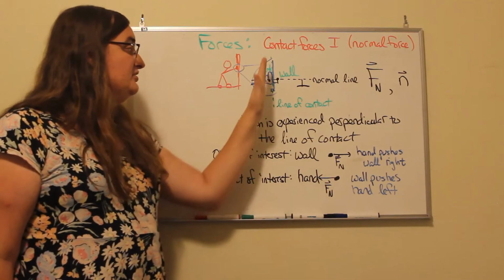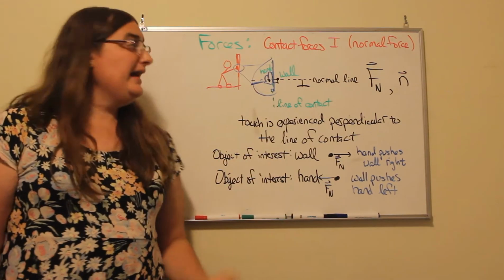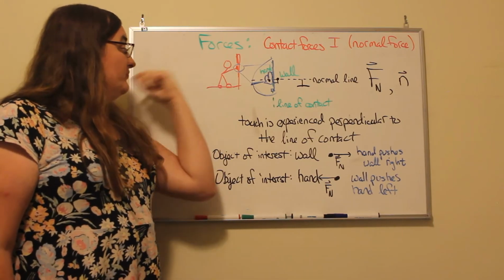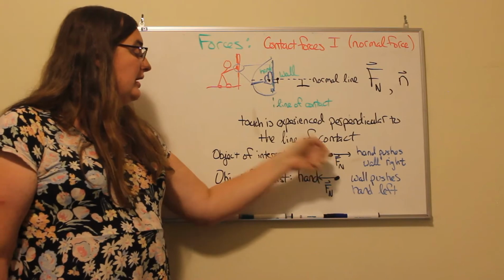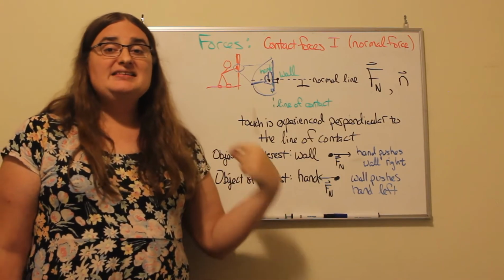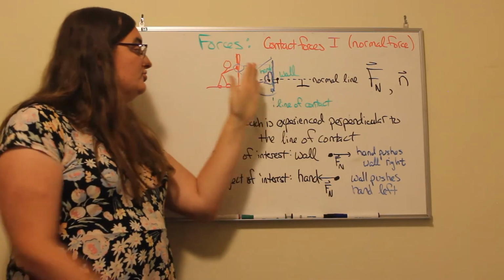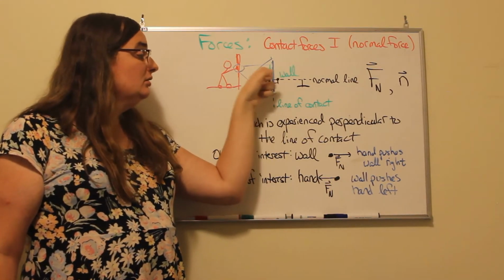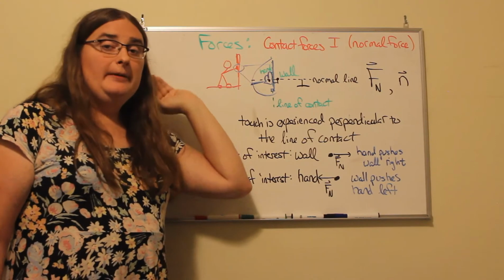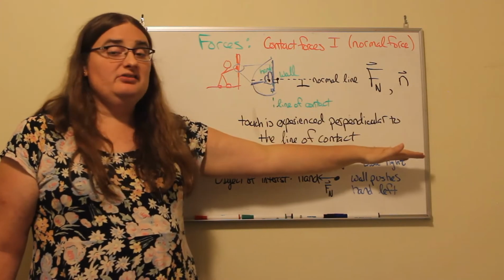So if our object of interest is the wall, and what's going to happen when the stick figure is leaning against the wall, well, I would draw that force as it acts on the wall. So between the touch, the wall feels the hand pushing it to the right.